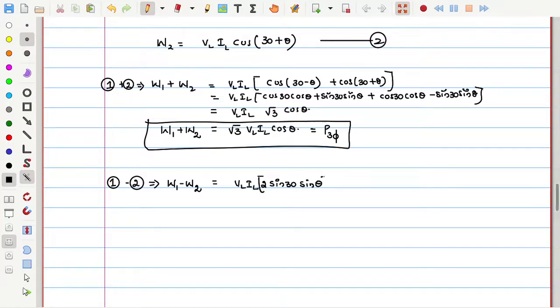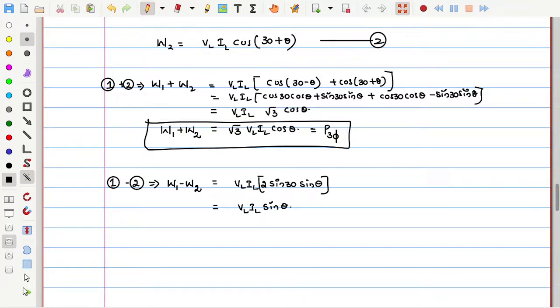So just cross verify. If it is minus, this cos will go away. So 2 sin 30 sin theta. Just cross verify how much we will get, and see that sin 30 is 1 by 2. So the 2s get cancelled. So what I will get is VL IL sin theta.